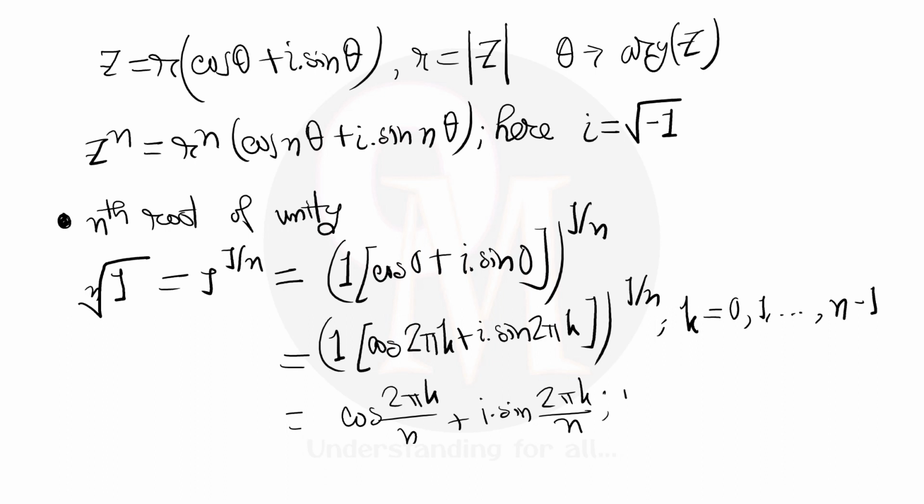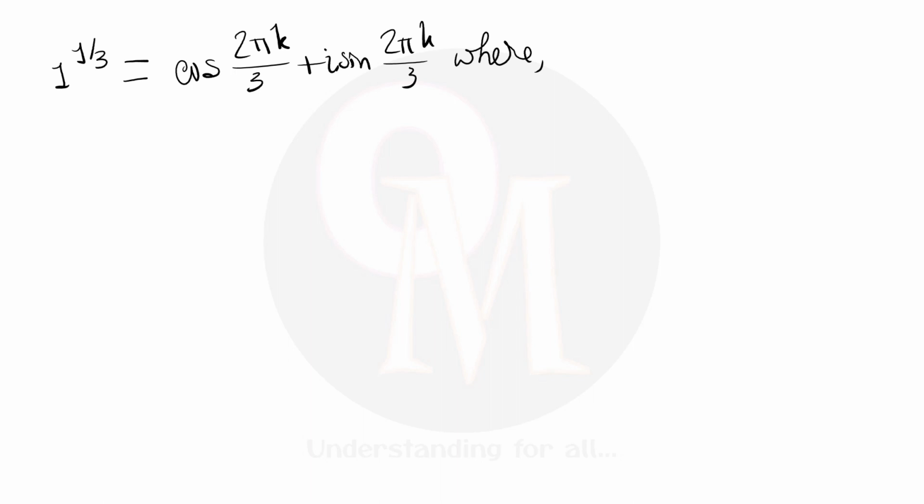And since k lies between 0 and n minus 1, and obviously n belongs to the set of natural numbers, what do we get for the cube root of unity? 1 to the power 1 by 3 is equal to cos of 2 pi k by 3 plus i into sine of 2 pi k by 3, where k is equal to 0, 1, 2, as n minus 1 is equal to 3 minus 1, that is 2.